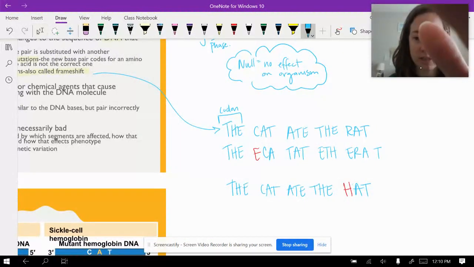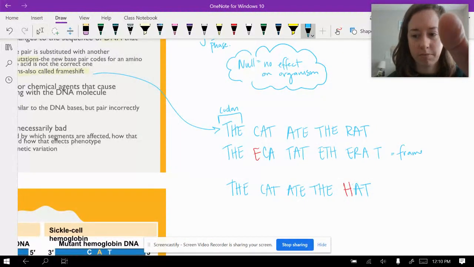So I'm just going to label that this is a frame shift. This is a substitution.